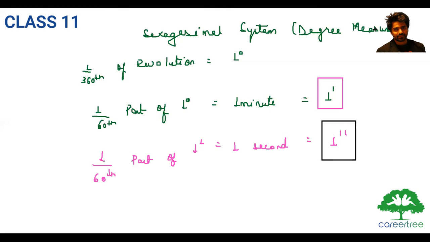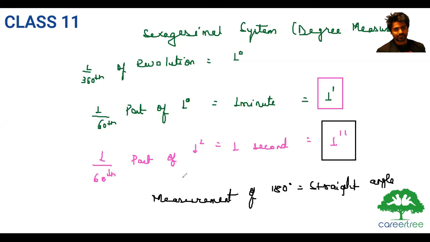Other things we know, for example, the measurement of 180 degrees is called a straight angle. The measurement of 90 degrees is called a right angle.